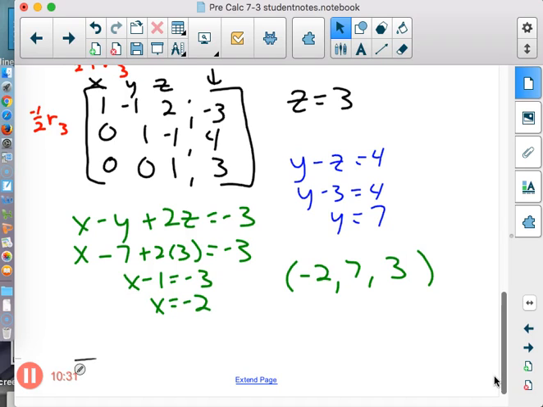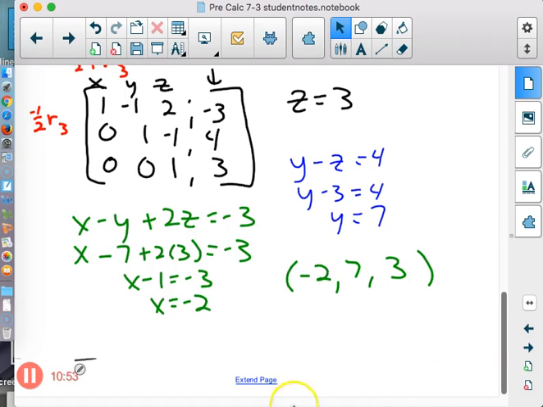Beautiful. Now let's just say that the directions didn't say we had to do this by hand. And maybe the directions said, use your graphing calculator to find the row echelon form. Well, some of these people are gone. That means I've got to get my calculator.